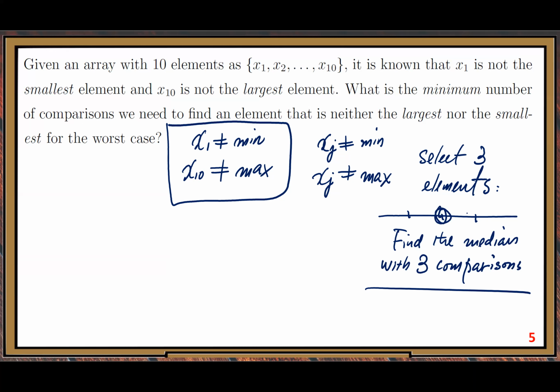So you can see the worst we can do is 3 comparisons, because we do not consider the given condition, x1 not the minimum, x10 not the maximum. We need a minimum of 3 comparisons. So now we need to do better than 3 comparisons.